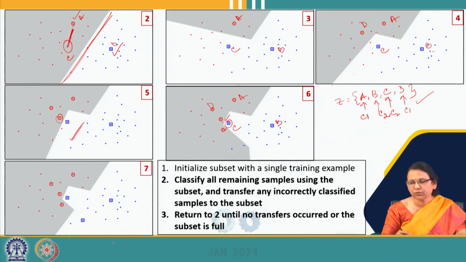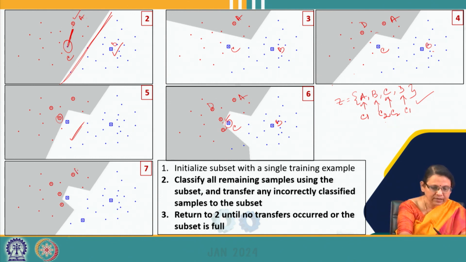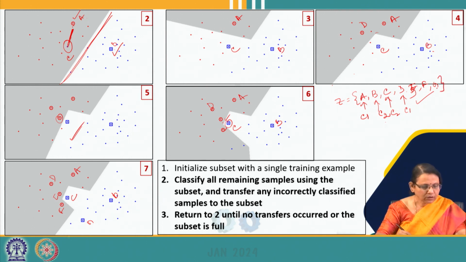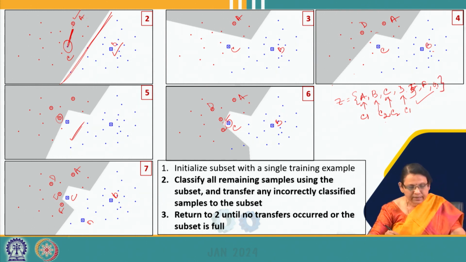Continuing in this manner, now in our final set we have A, B, C, D, let us call them E, F and G. Now for D, what is the class?